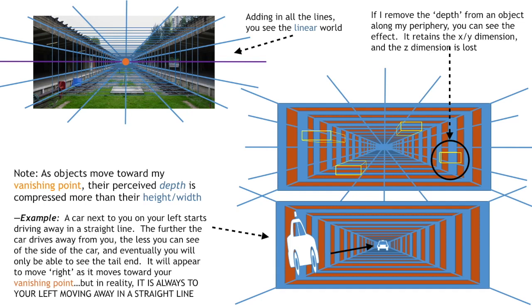Also, it will always appear to move to your right, even though it started out to your left, because it's moving towards your vanishing point. But in reality, it's always to your left. Okay, it's always to your left, moving in a straight line away from you. But it will appear to be moving towards your right, or towards your center of view.